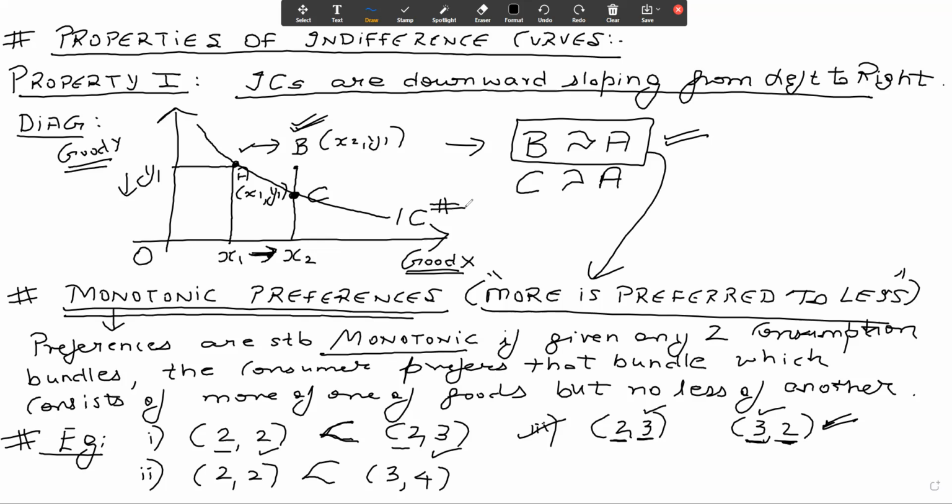To be on the indifference curve, if I am increasing one good, I will have to sacrifice the other good to be on the same level of satisfaction. So guys, I can write just one line and this line will sum up our property 1. We can say that indifference curves have to be downward sloping, or I can say that indifference curves are downward sloping.